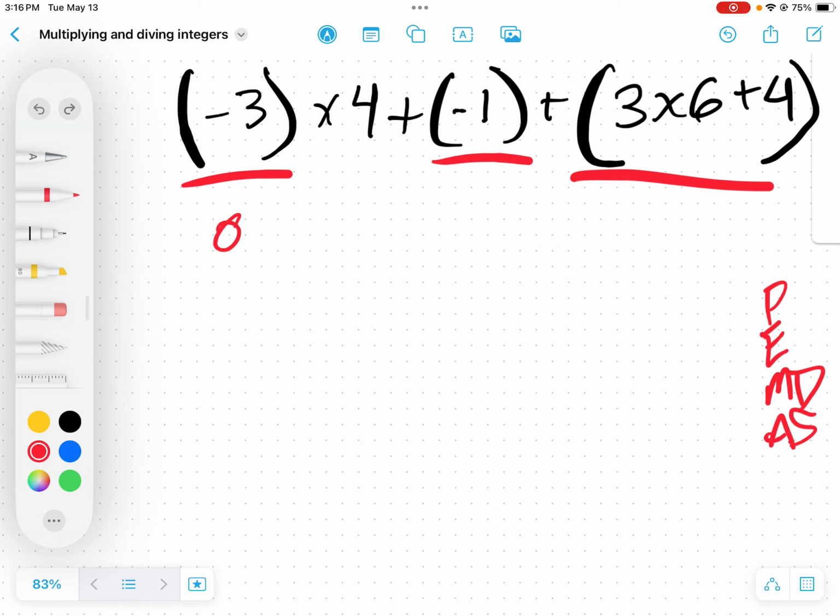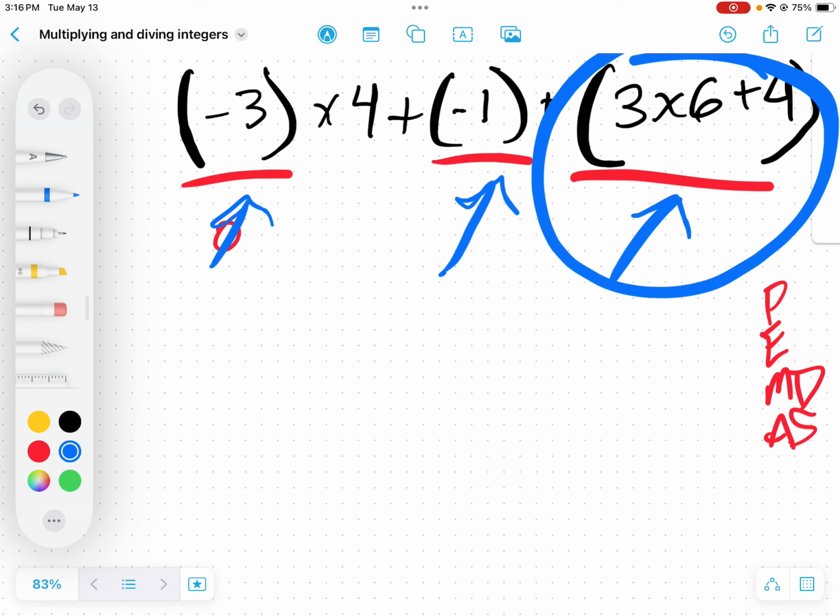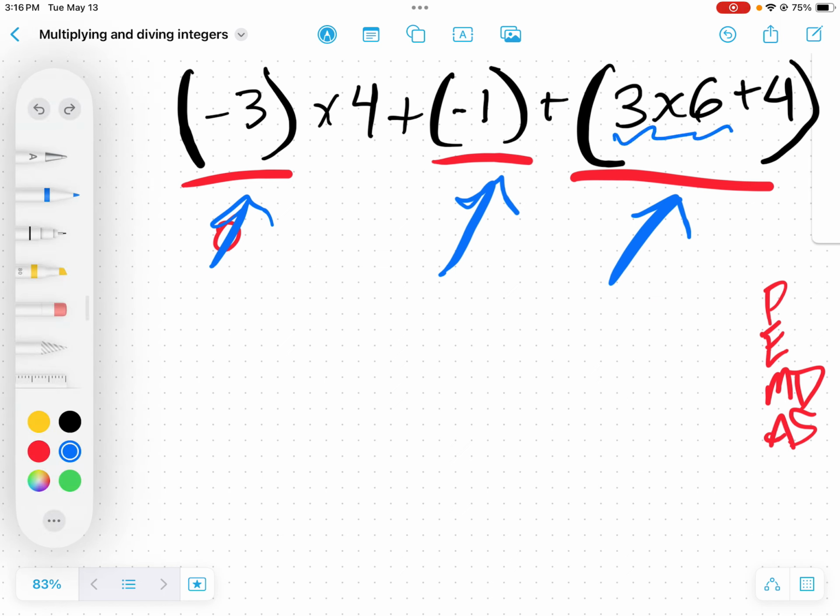But do you see how this first one and this second one just have one number inside of it? Since they just have one number inside of it, there's nothing you can really do with it first. So we would actually start over here with this last set of parentheses because it has multiple operations.